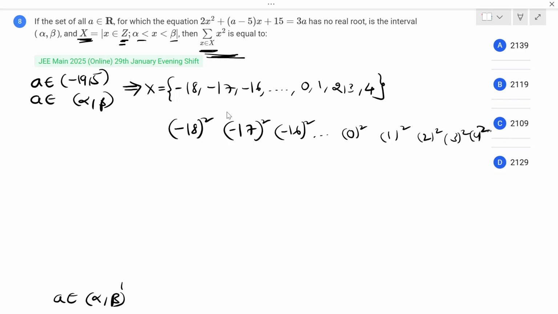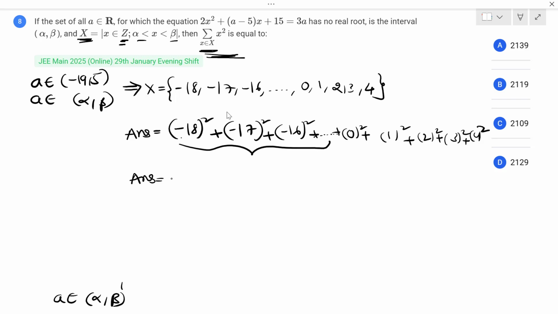Acha. After doing the squares, now sigma means what here? Summation, plus them, plus all of them, dot dot dot, 0 square plus 1 square plus 2 square plus 3 square plus 4 square. Now whatever you are getting, that is our answer.